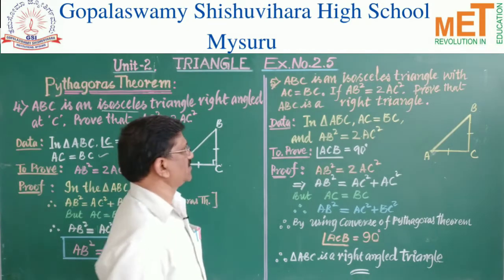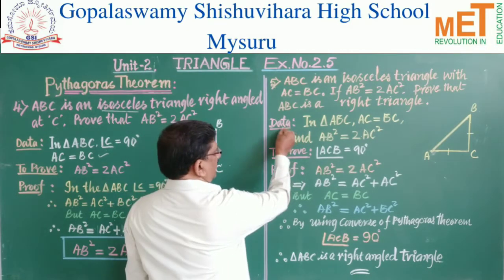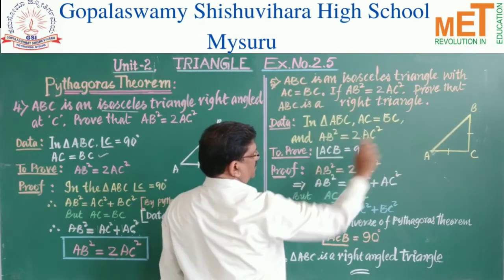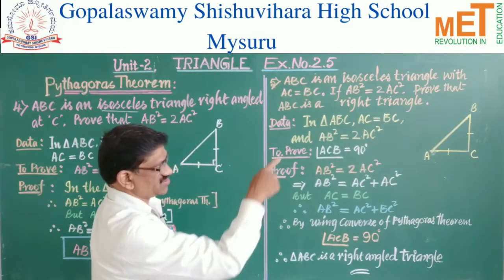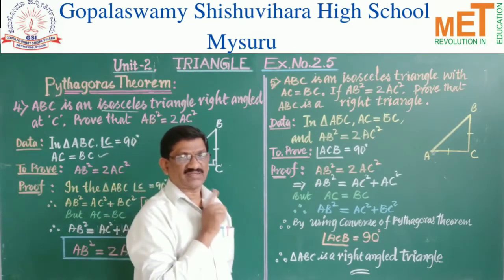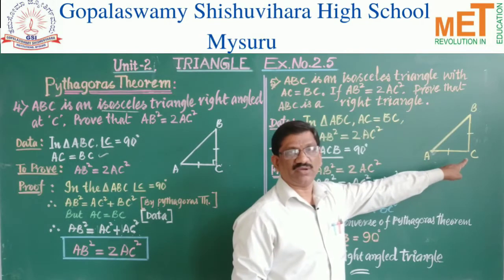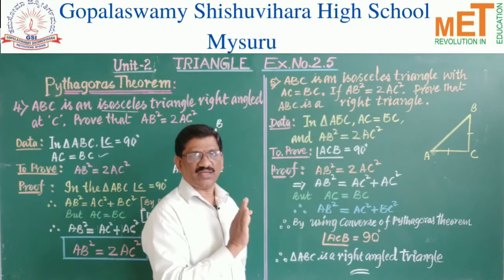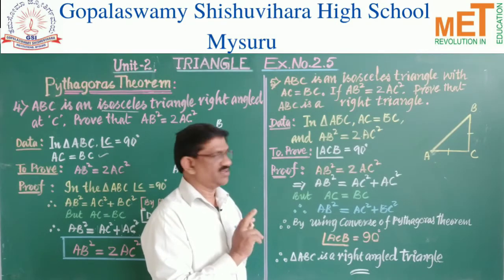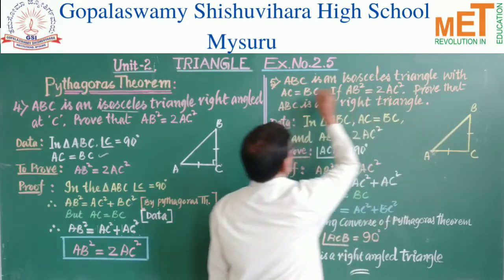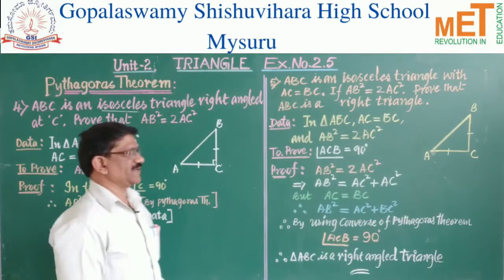Clear, children? So here you see data, what is given here. According to the statement, the figure is drawn. In this figure, ABC is a triangle. You know where it is given the indication of right angle or 90 degree. It is a simple triangle, isosceles triangle with AC is equal to BC, the condition given here. Clear, children?